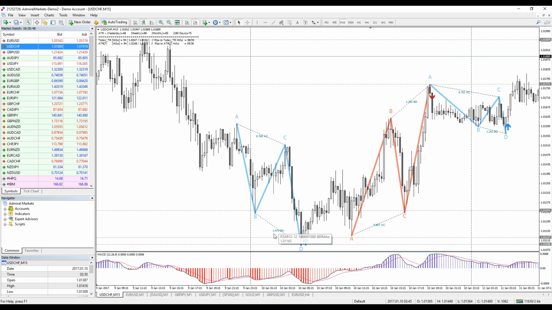Yes, it is. Or 127, yes, it is. I mean, 127 is the lowest, and this is 147. So see, it's a valid ABCD, and watch this. This indicator shows the arrows, but I don't really care about arrows.